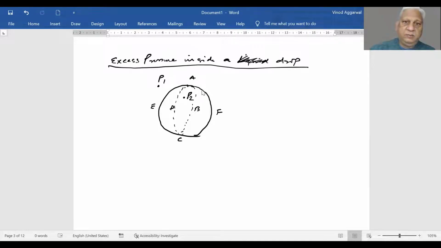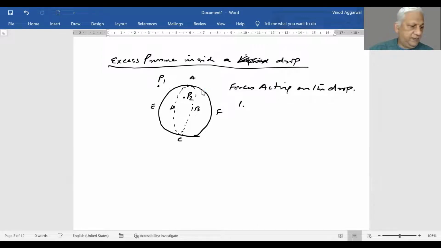What happens is there are many forces acting on this drop. And what are they?